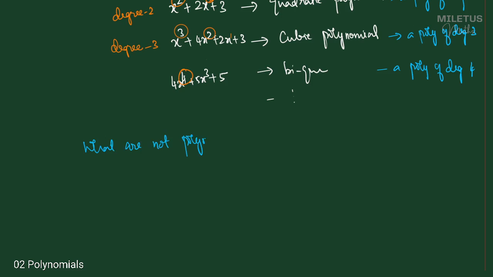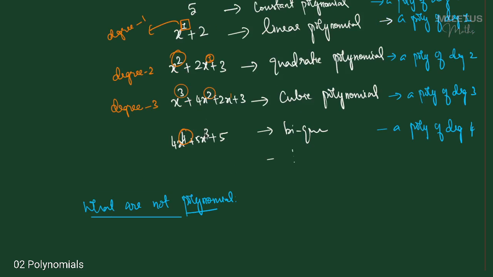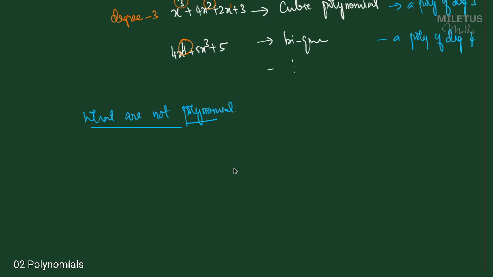Very simple definition. If you cannot write it in one of these formats I have mentioned over here, then that is not a polynomial, right? For example, 1 divided by x plus 1. This is not a polynomial because I cannot write it as x to the power something plus something, because x is in the denominator.